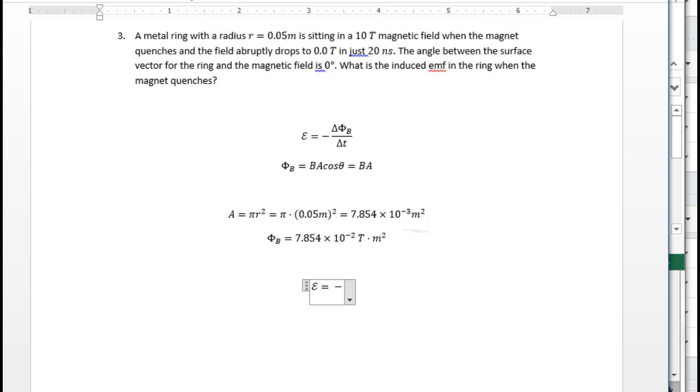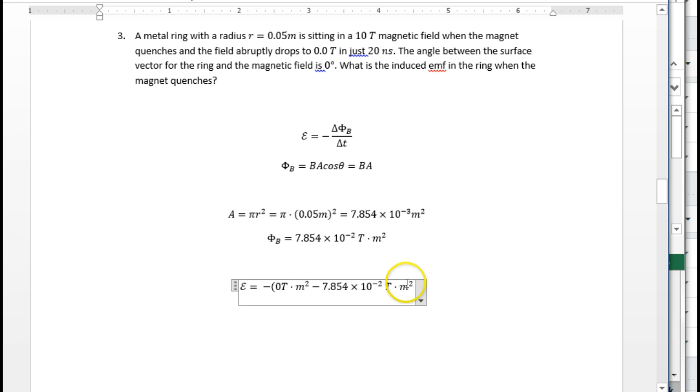is minus, okay, so here we have our ending flux, our final flux minus our initial flux. Put the right units on the first one.